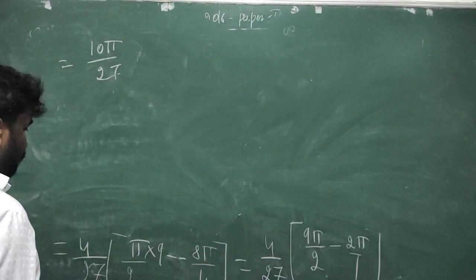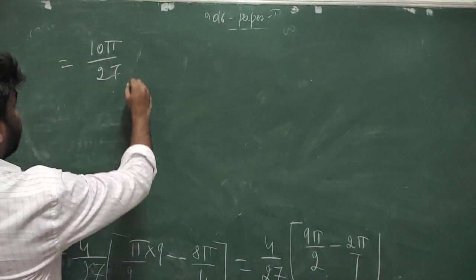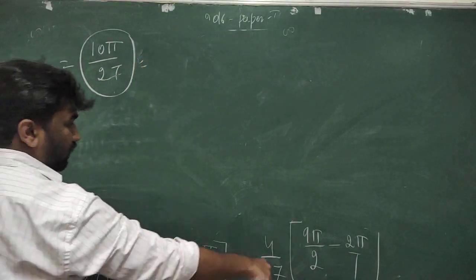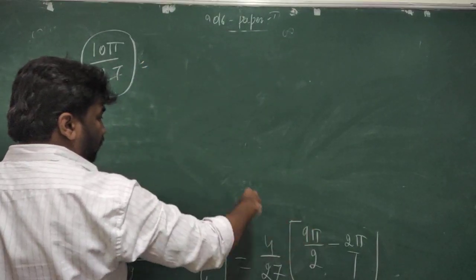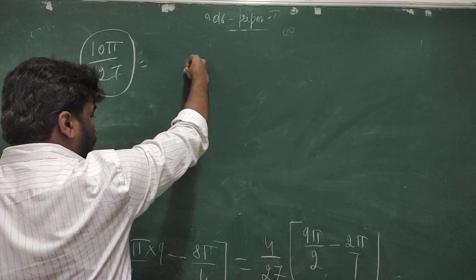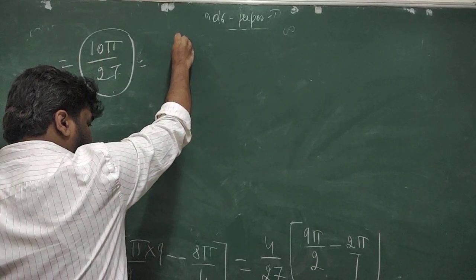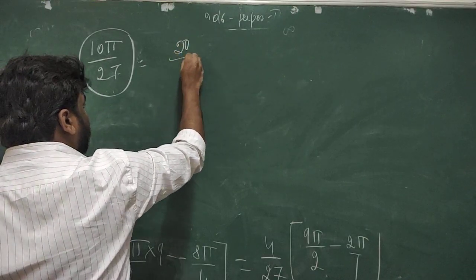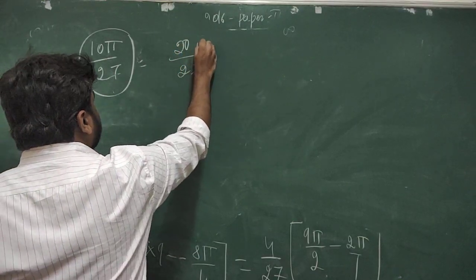If you simplify this, actually I wrote this one, but if you simplify this, we will get 9 minus 4 is 5. So 5 4s are 20 divided by 27 pi.